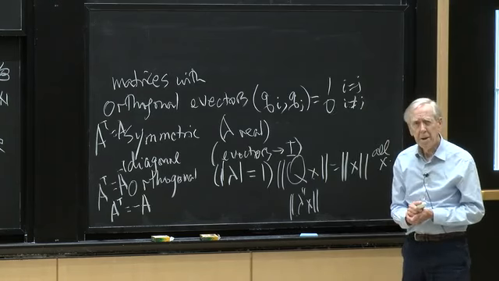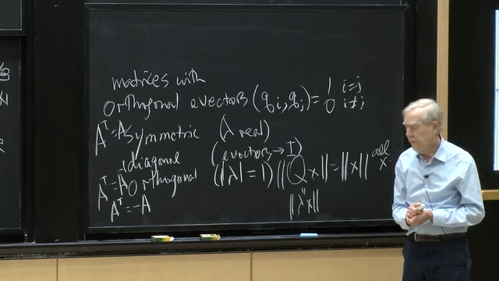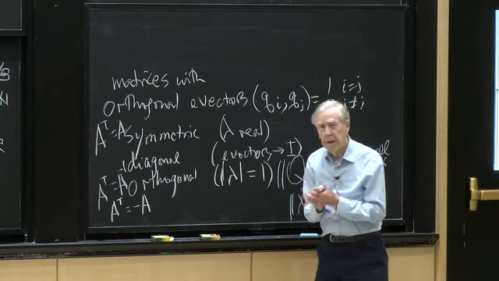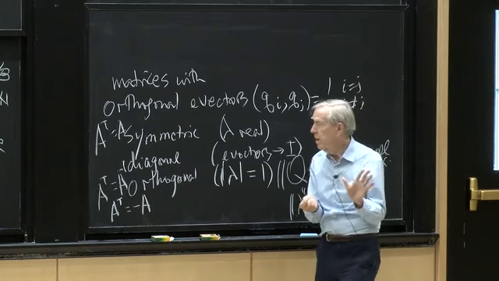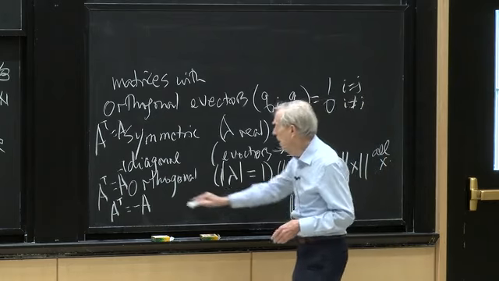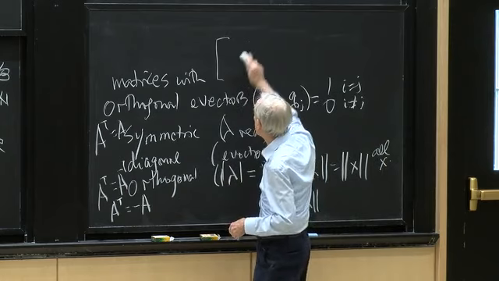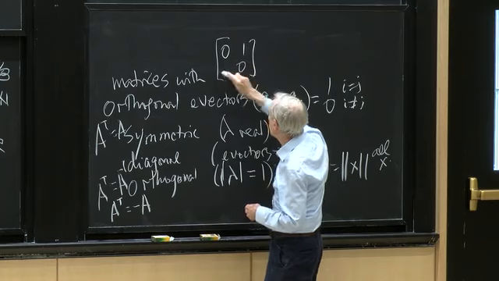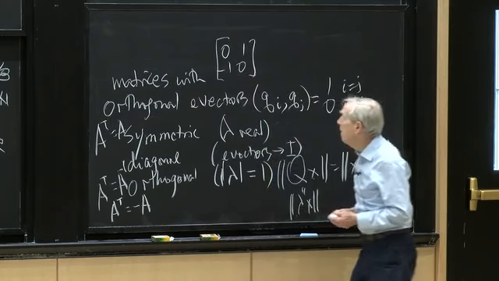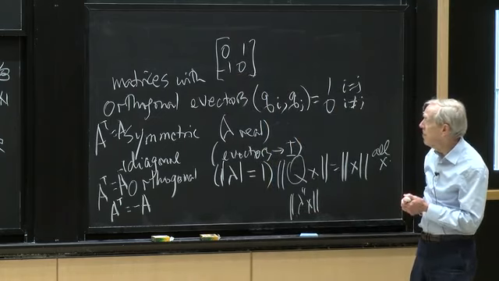What do you think you know about the eigenvalues for anti-symmetric matrices? Shall we take an example? An anti-symmetric matrix, say 0, 1, minus 1, 0. What are the eigenvalues of that?